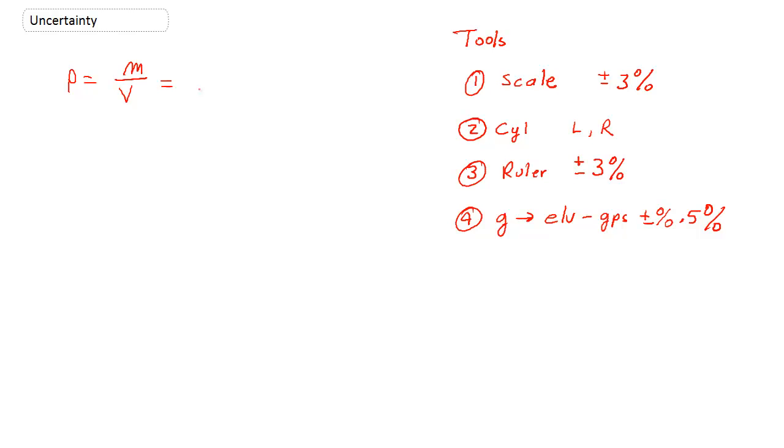Okay, so let's propose an experiment here. You find your beaker. You measure the length on the inside, and then you measure the radius. Or better yet, you're probably measuring the diameter, to plus or minus, since my ruler is measuring it, 3%.